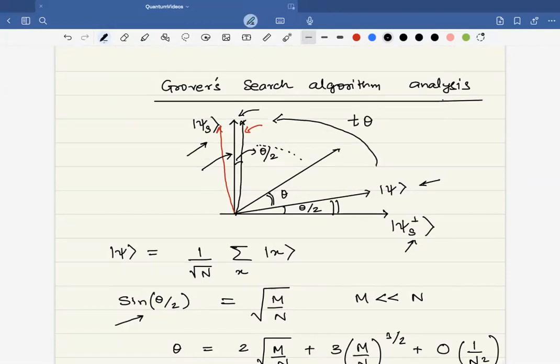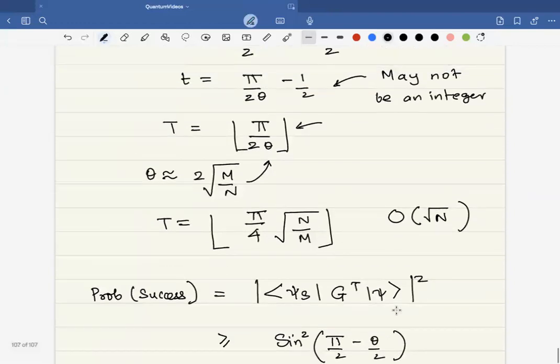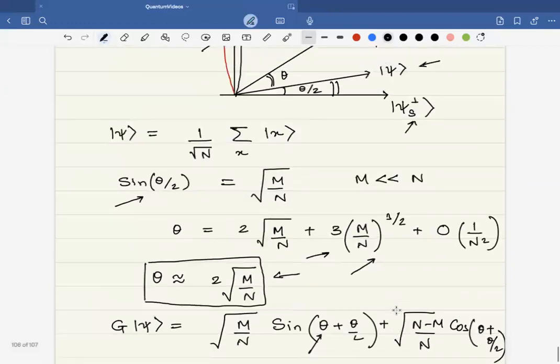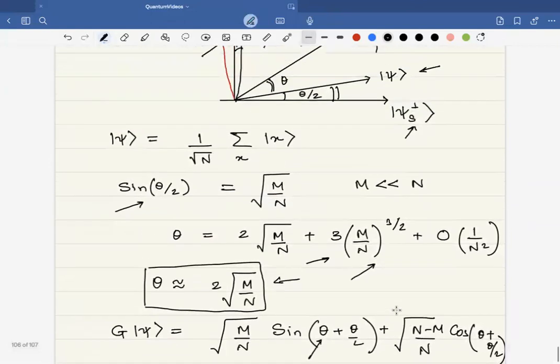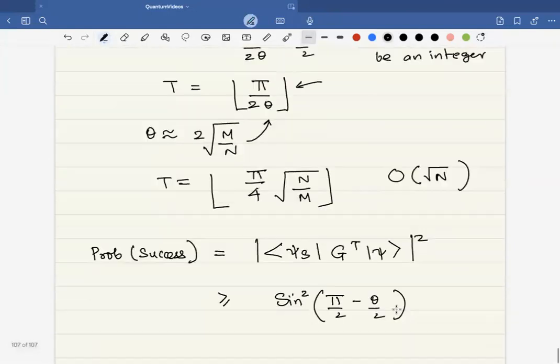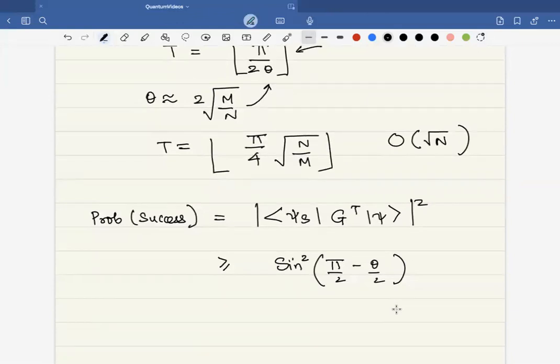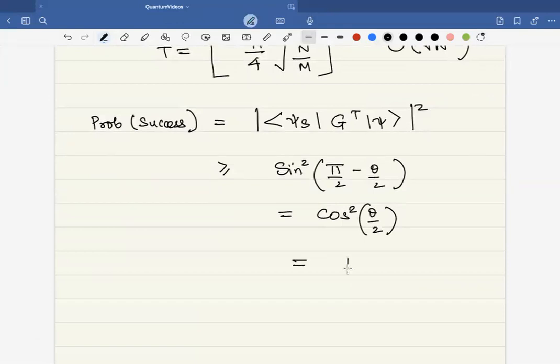So once I measure, the probability of success is going to be sine squared of pi over 2 minus theta over 2. And this is equal to cos squared of theta over 2, which is equal to 1 minus m over n. Right? So the success probability of the Grover search is greater than or equal to 1 minus m over n.